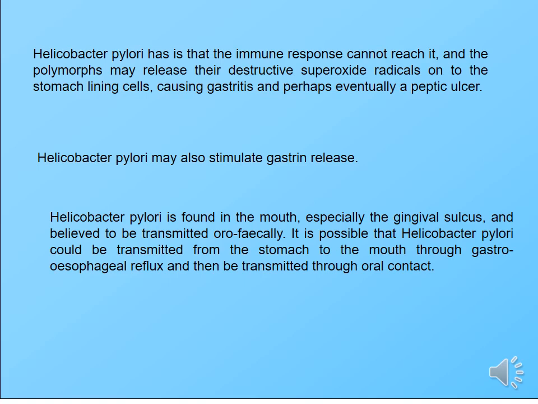It is possible that Helicobacter pylori could be transmitted from the stomach to the mouth through gastroesophageal reflux and then transmitted through oral contact. This microorganism travels through vomiting from the stomach to the oral cavity and leads to ulceration.